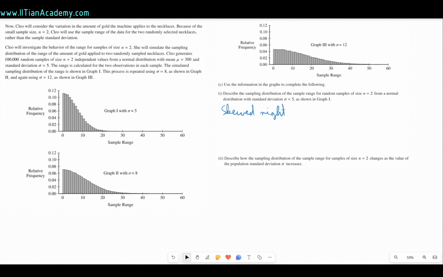And what we can say is that also almost all values are between 0 and 25 approximately, or around 20. And yeah, so that's very important.